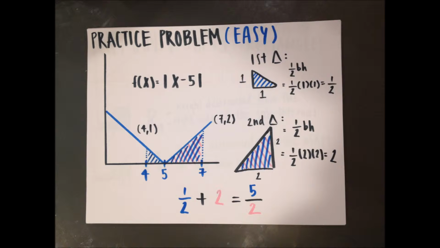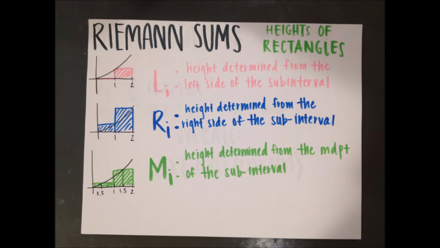The triangle on the right, which is shaded in blue and pink, can also be solved this way. Using the equation of the area of a triangle, the left triangle equals 1/2 and the right triangle equals 2. We can add these two values up, which equals 5/2, and this is basically the area under the graph of absolute value of x minus 5.